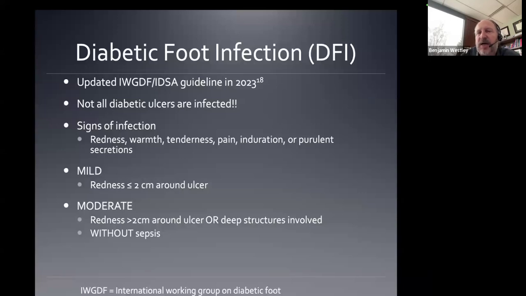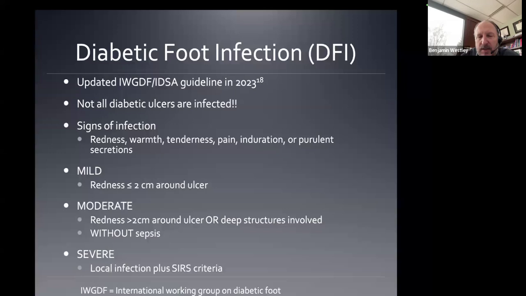You can have an ulcer with pus going all the way into the midfoot bone or into tendons and muscle, and that's a moderate diabetic foot infection. It's not severe, even if there's deep structures and pus coming out of bone, if the patient's stable. If the patient is not febrile, doesn't have white count at 25 and tachycardia or something, then that's a moderate infection with deep structure involvement.